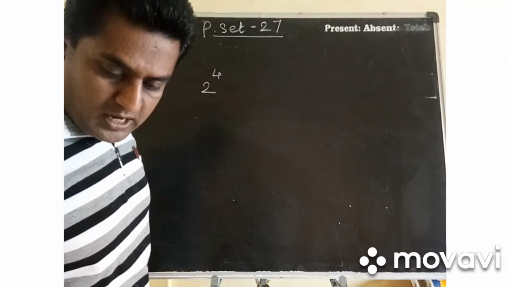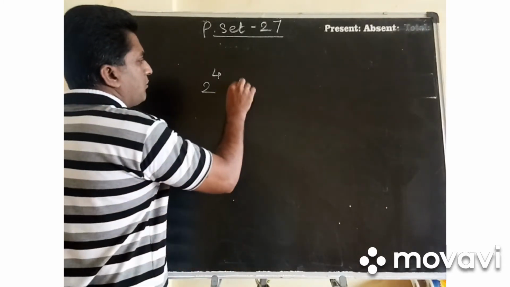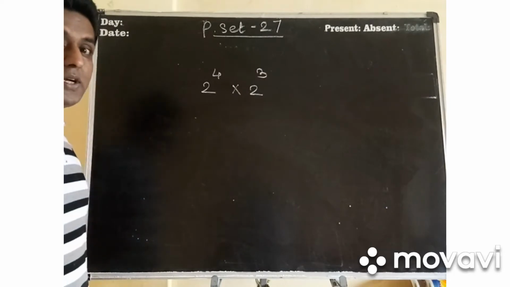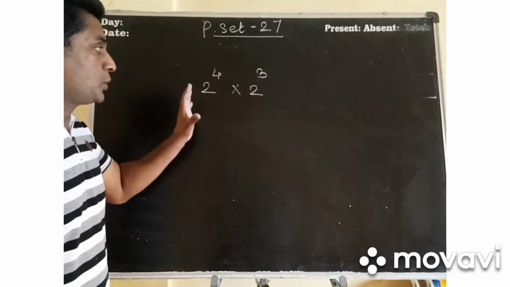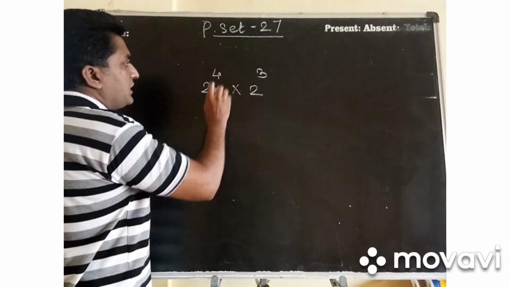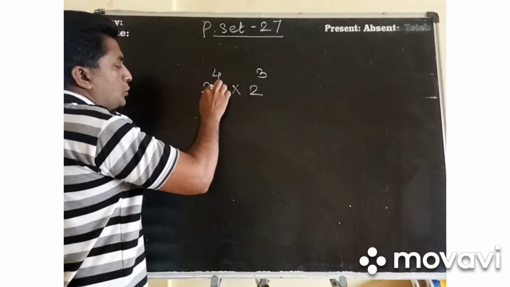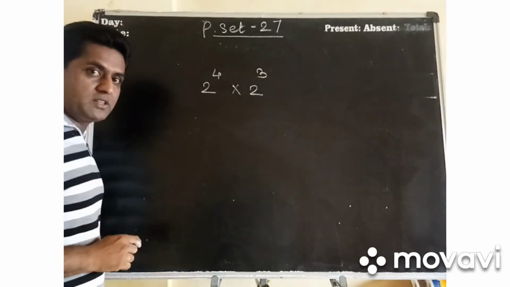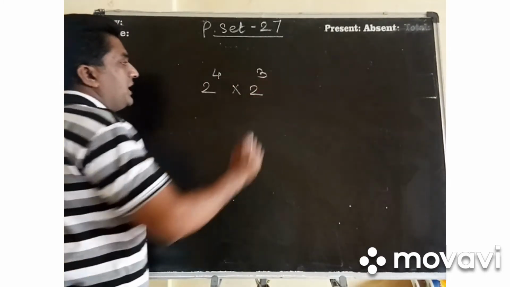And I am taking the same number multiplied by 2 raised to 3. Now what did you understand from this question? You understood that two numbers are there in the form of indices. 2 is the base, 4 is the index. 2 is the base, 3 is the index. This is called a number in the form of indices.